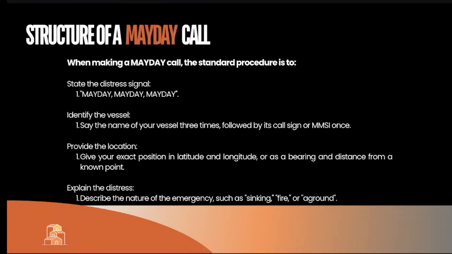And then you are going to say the name of your vessel three times, followed by its call sign or the MMSI number. And then after that, you are going to give your exact position in latitude and longitude, or as a bearing and distance from a known point.